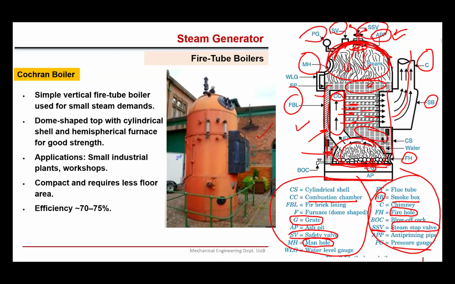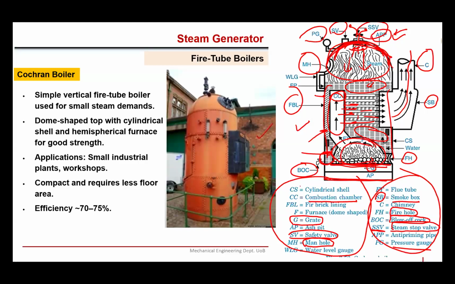Then there is also this thing, BOC, the blow off cock. The removal of mud and other impurities which are collected at the bottom of this water shell, in the lowest part of that boiler, is called blowing off.